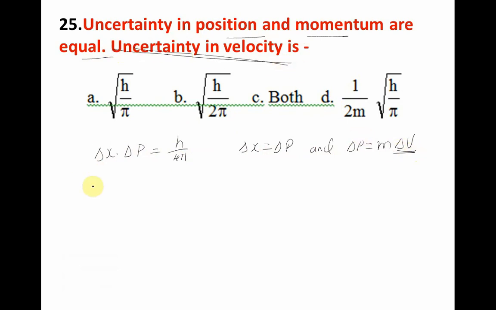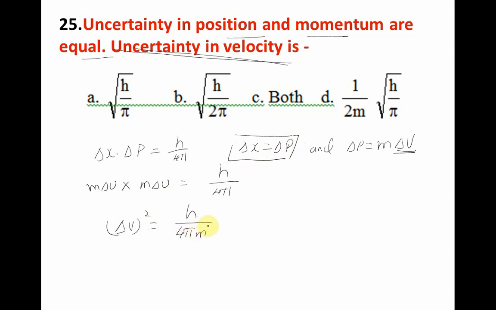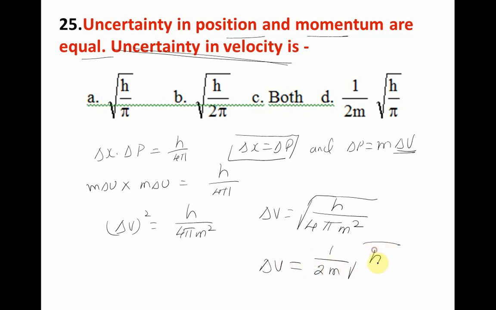Therefore m into delta v into m into delta v is equal to h divided by 4 pi, or delta v whole square is equal to h divided by 4 pi m square, or delta v is equal to root of h divided by 4 pi m square. It can also be written as delta v, that is uncertainty in velocity, is equal to 1 by 2m into root of h divided by pi. So D is the right option.